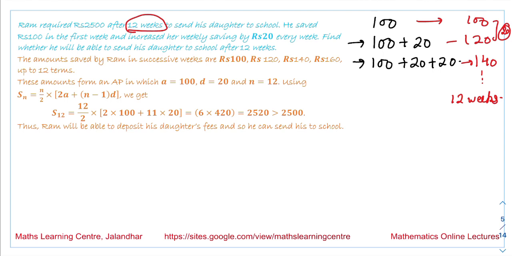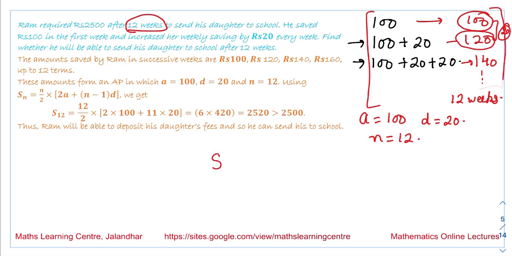In the first week he saved rupees 100, next he saved rupees 120. So for this AP, a is equal to 100, the common difference is 20, and n is 12. We want to calculate the sum of all these values, that is his total saving.